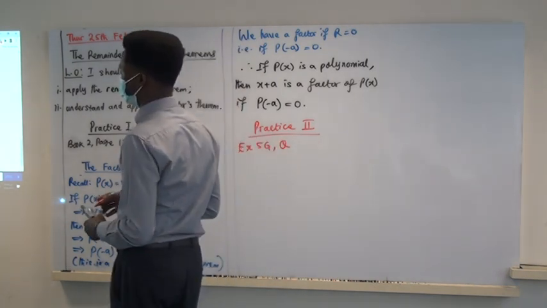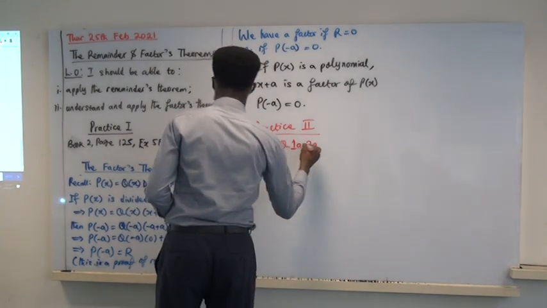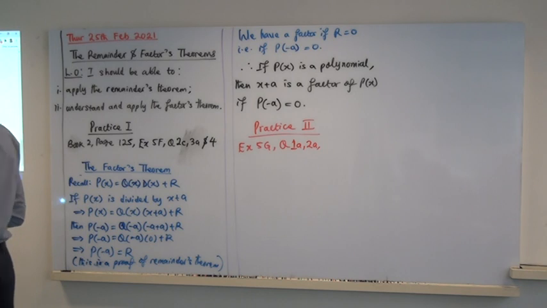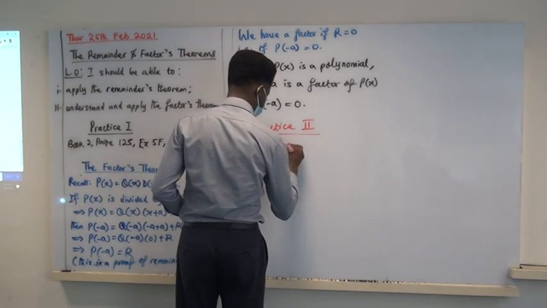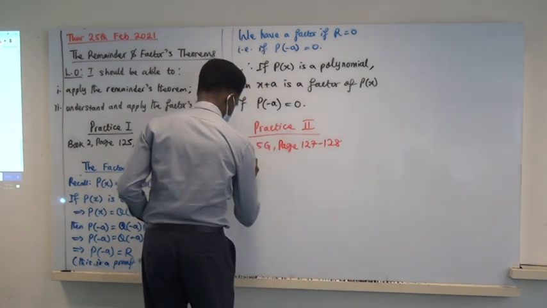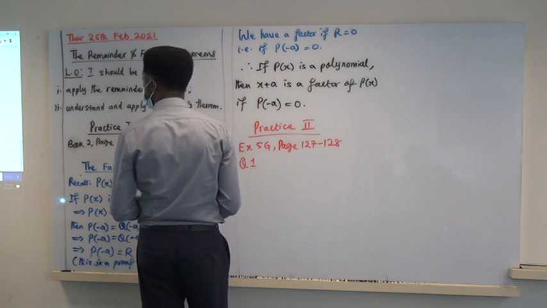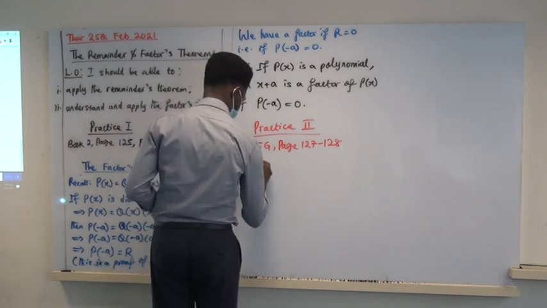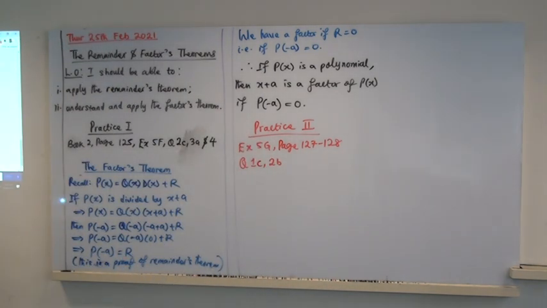Take question 1A, 2A, page 127 to 128. Question 1. I think A is usually simple, isn't it? So I give you the difficult ones. I'm so mean. I love being mean.